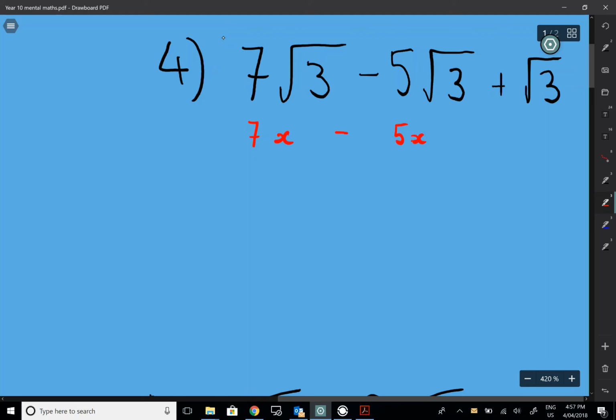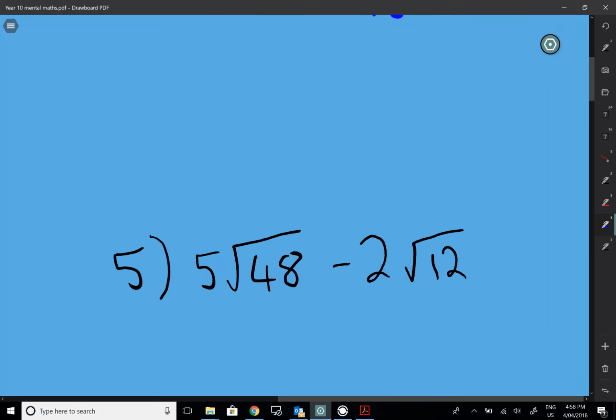Because each of these are all like terms because they are all the square root of 3. So what I can do is I can simply add or subtract the coefficients. So in this case, I have 7, take away 5, which is going to give me 2, plus 1, 3 root 3.